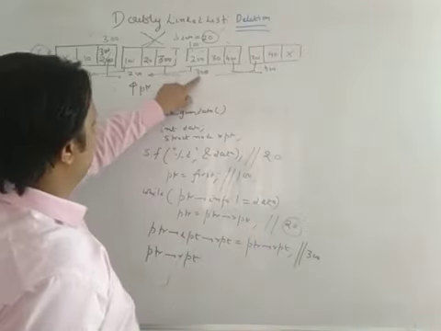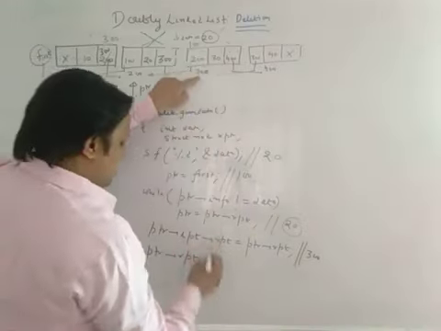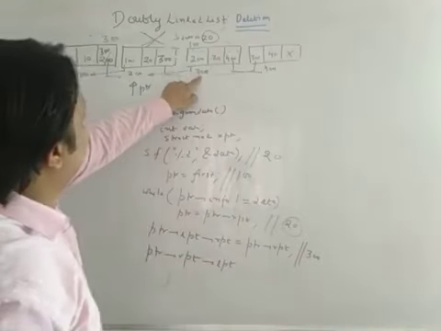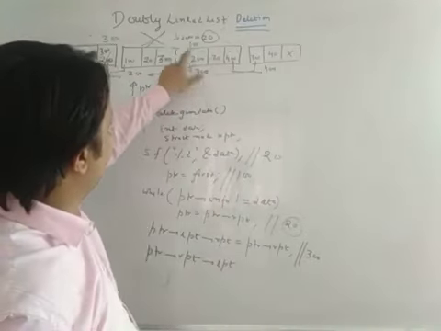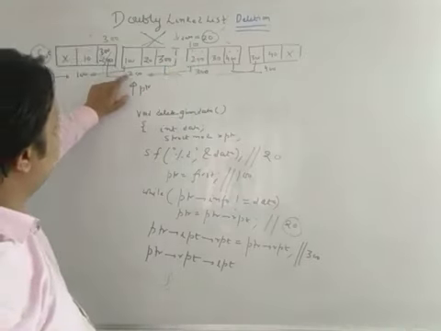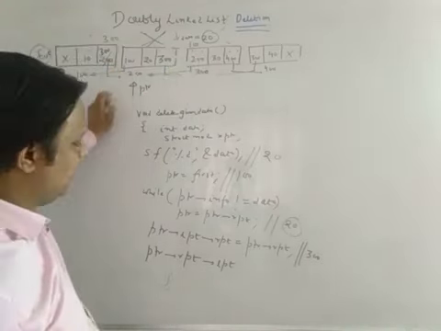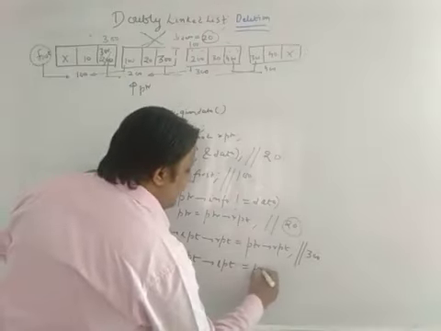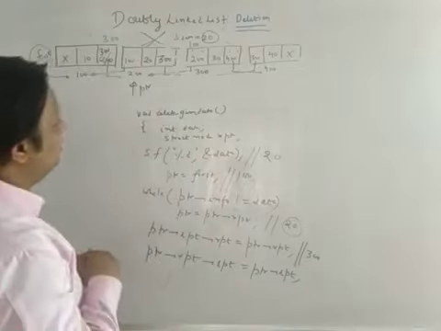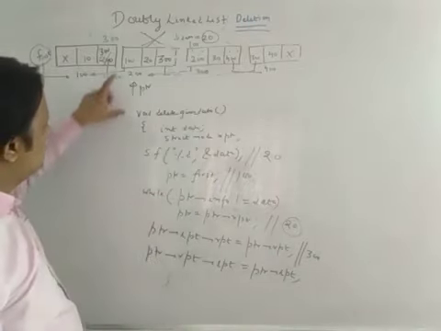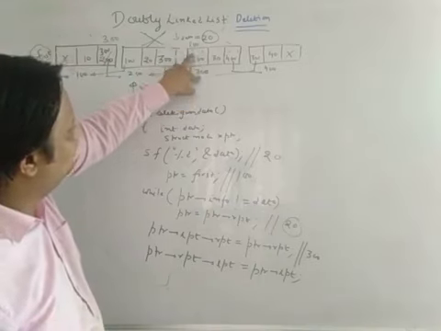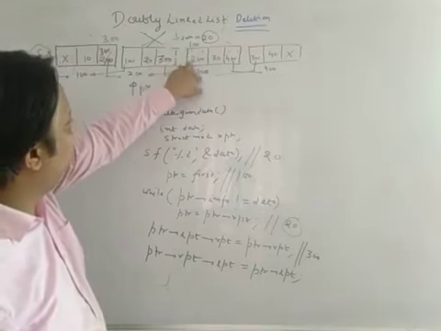PTR arrow RPT you are writing here, and you want to change this arrow LPT, right? Arrow LPT you are changing, and you are changing this address with what? You are changing this address with PTR arrow LPT. Fine. I'm again repeating, you want 100 here, right? So PTR arrow RPT, which means 300, arrow LPT, this block, you want to make the value 100 here.